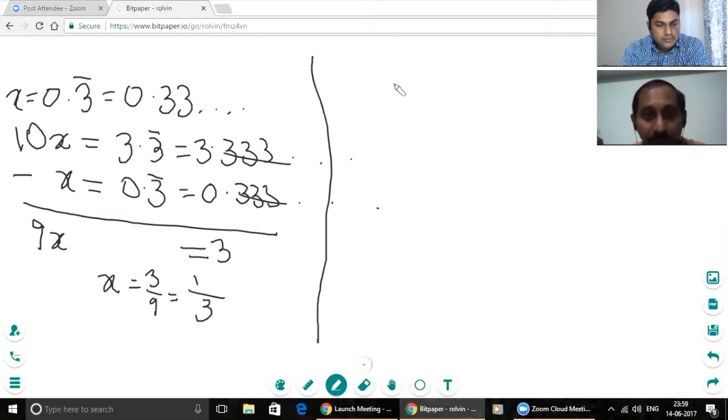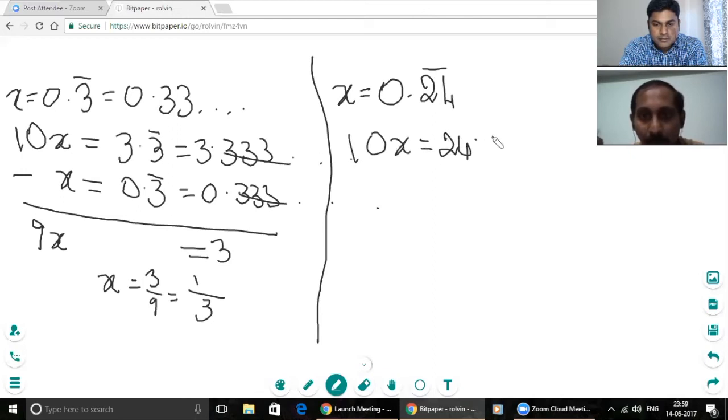Same thing if we have a number with 2 repeating digits, say for example 0.24, where 24 is repeating. Then the same principle, but we have to multiply by 100, since there are 2 decimals. So 100x is equal to 24.2424, it goes on. Oh, sorry, this should be 100x.